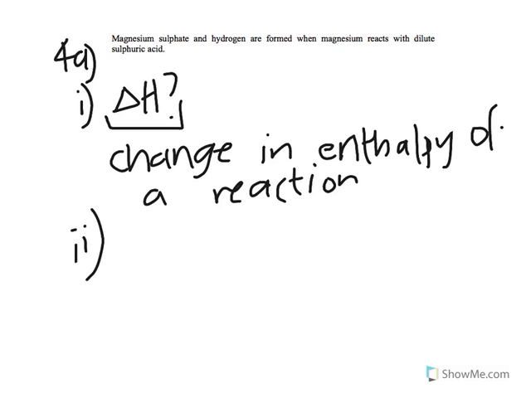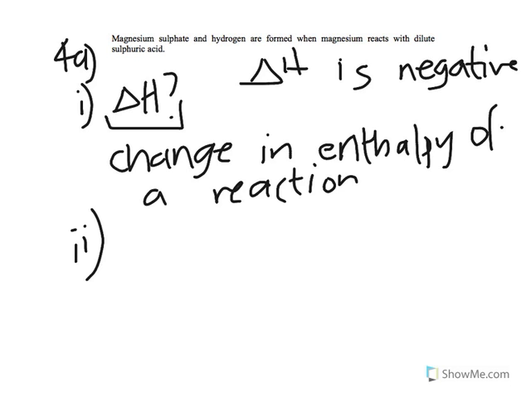Next, it says what happens to the temperature of the reaction mixture during this reaction. Now before this in 4A they told you that delta H is a negative value. So what do you know about delta H being negative? That would mean that the reaction is an exothermic reaction because energy is being lost to the surroundings.